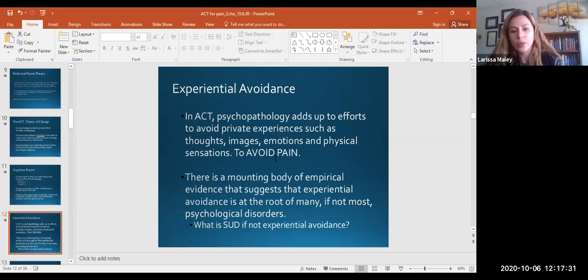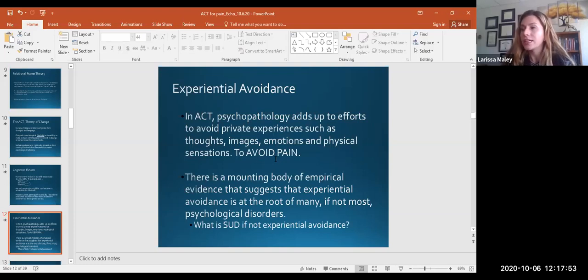And there's a mounting body of empirical evidence that says this experiential avoidance is at the root of many, if not most, of what we used to call Axis 1 psychological disorders. And I think that's particularly tantamount for individuals with substance use disorder. What at its heart is a substance use disorder?